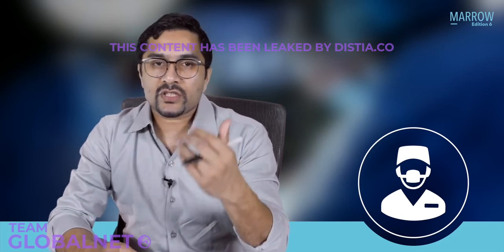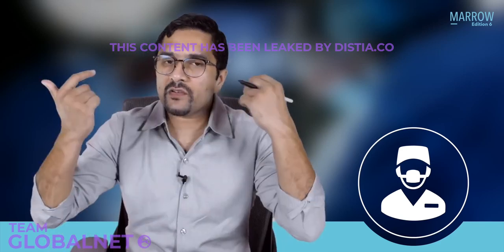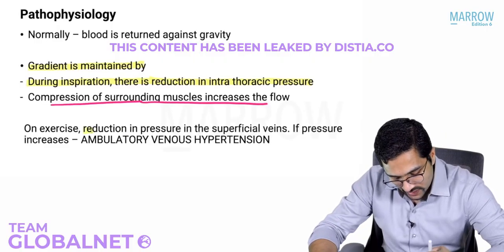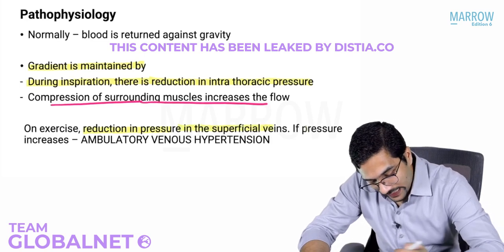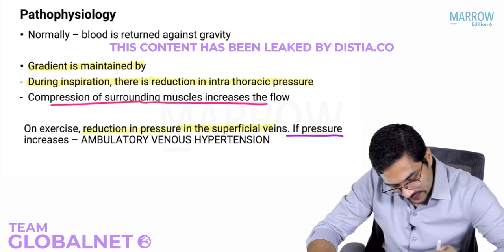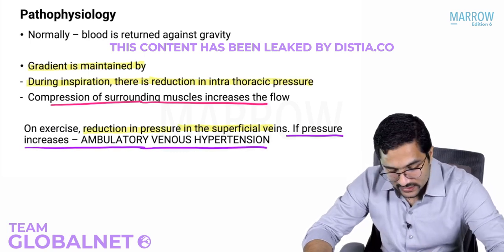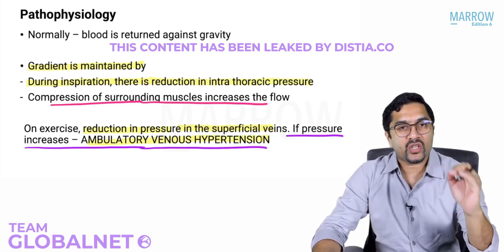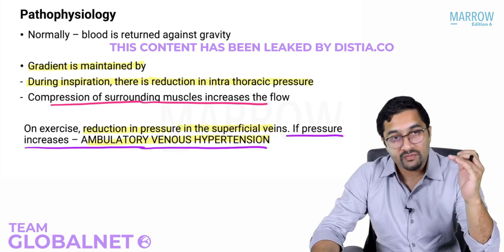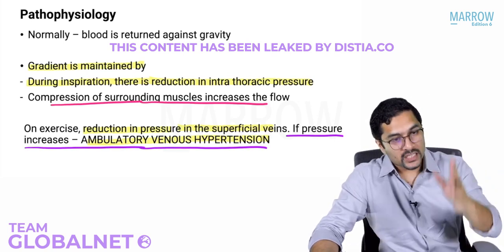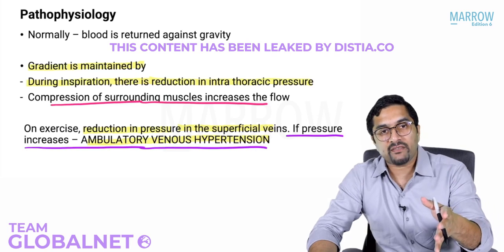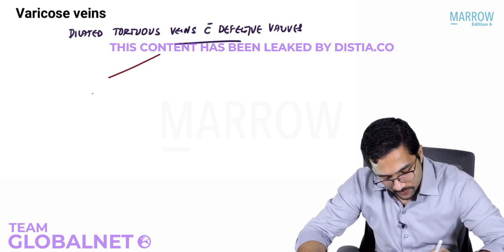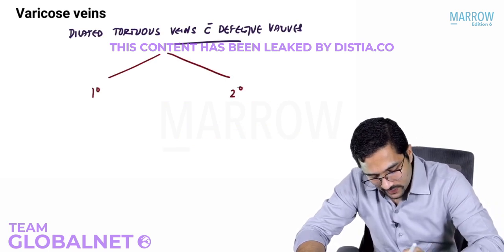But in certain patients where the valves are defective, there can be reflux of blood, and that gives rise to increased pressure in the superficial venous system, and that is known as the ambulatory venous hypertension theory, which is one of the most accepted theories behind the development of varicose veins. That in normal patients the pressure reduces, but in patients where there are defective valves, the pressure in the superficial system will increase.